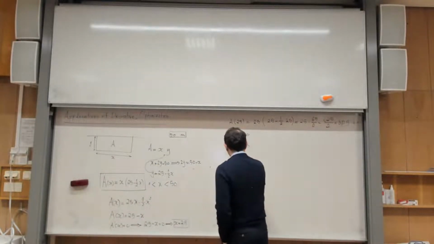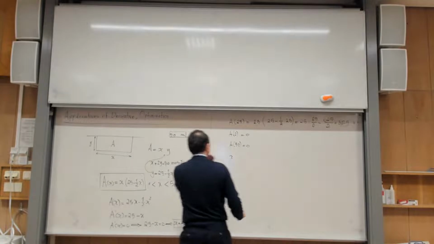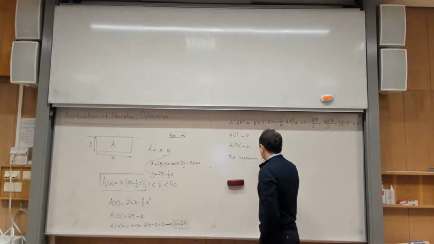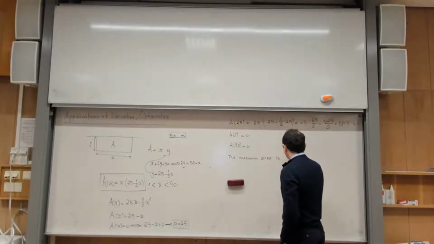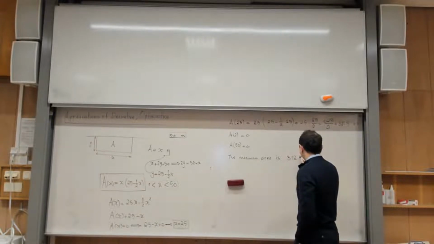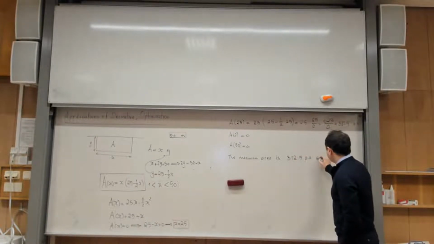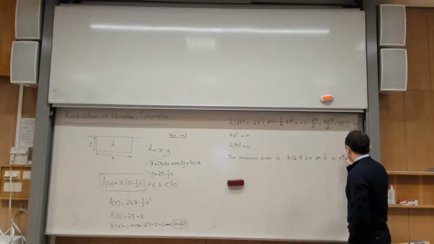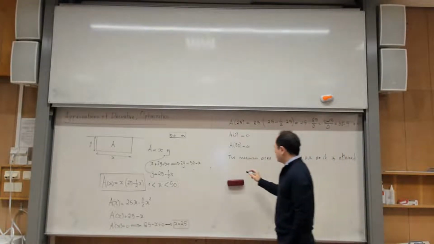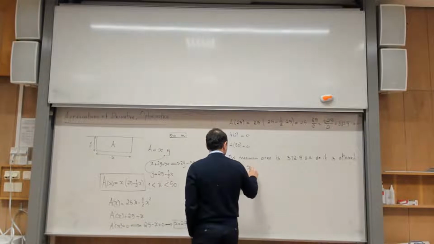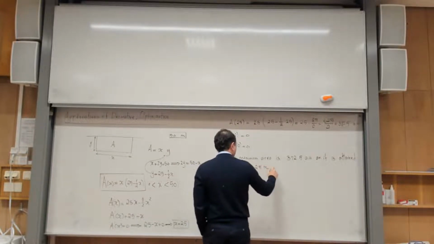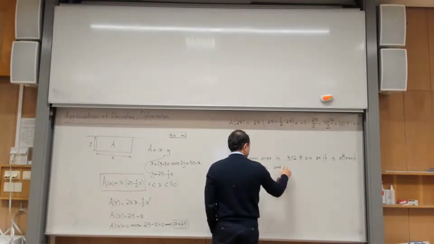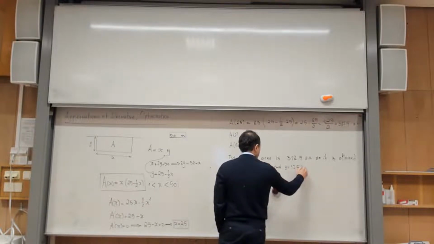So yes. Let me write the answer in this way. The maximum area is 312.5 area units, and it is achieved, or it is attained, when x is 25 meters and y is 12.5 meters.